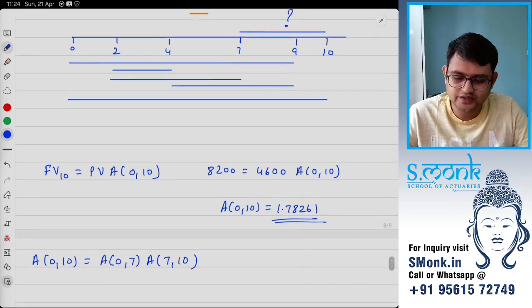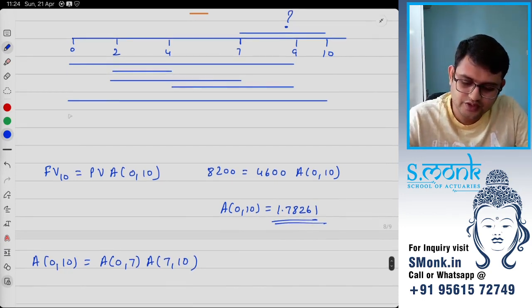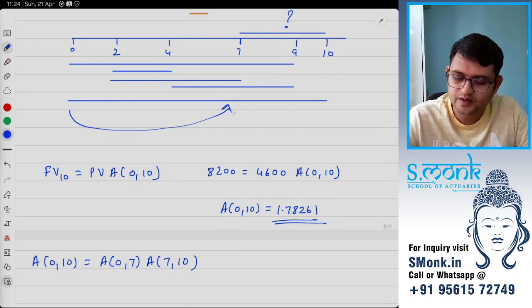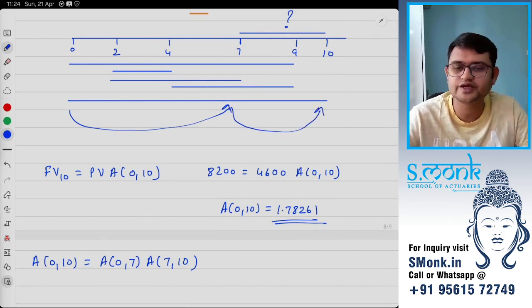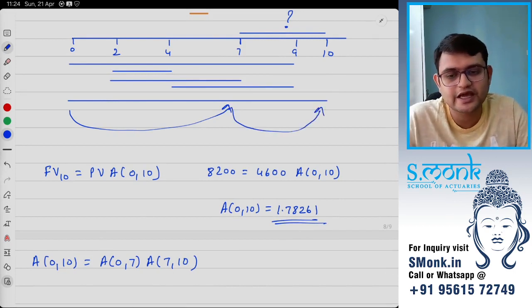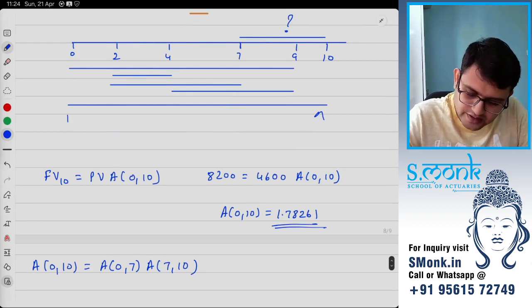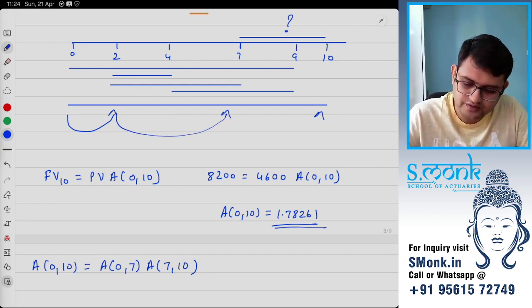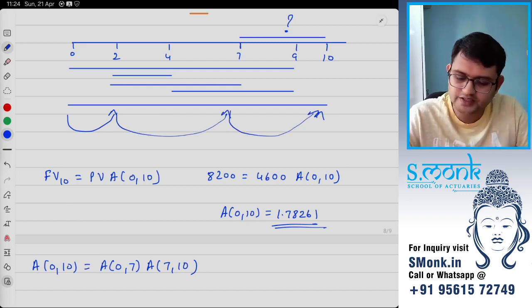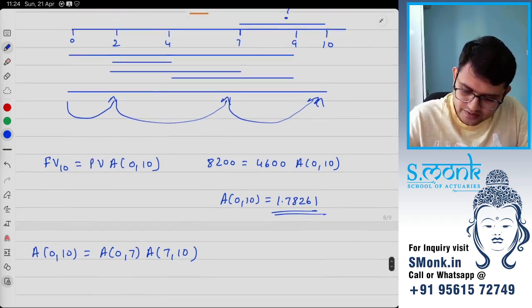I can invest from 0 to 7, then reinvest from 7 to 10. It is the same as 0 to 10. I already have 0 to 10, but I don't have 0 to 7 directly. I can split 0 to 7 again. Let's say 0 to 2, then 2 to 7. Directly I have 2 to 7. I can split in these three. It will be the same thing.